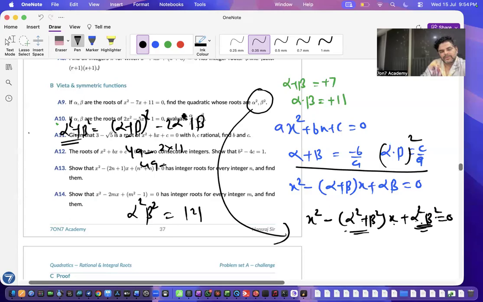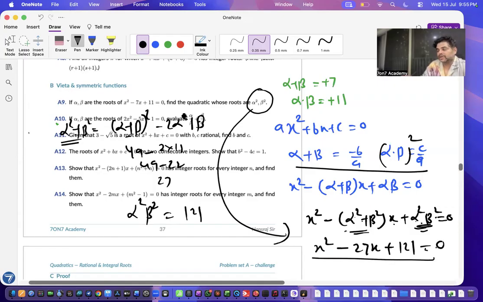So 49 minus 22 is what? That's 27. So 27 is this part. So x square minus 27x plus 121 is equal to 0 is the equation whose roots are alpha square and beta square. I hope you understand what I've done.